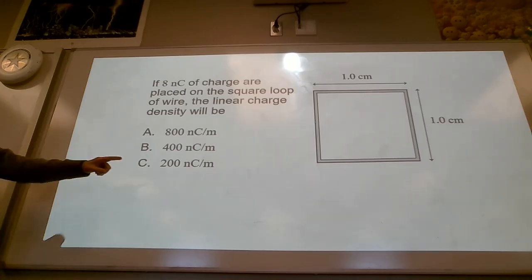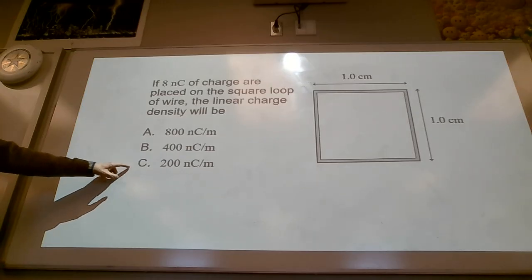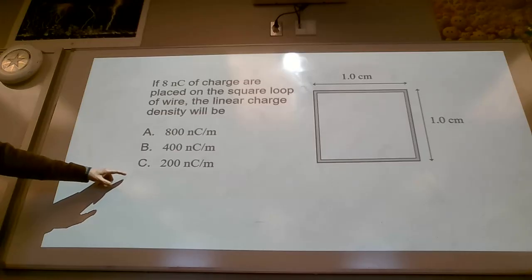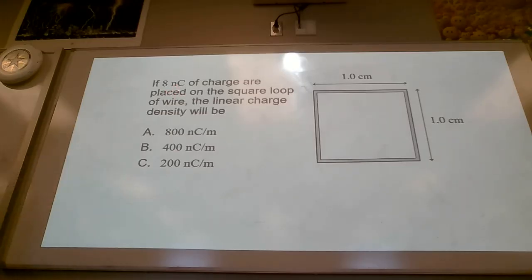Here we go, C. We take the perimeter of 4 centimeters, 0.04 meters, and divide 8 nanocoulombs by 0.04, which gives you 200 nanocoulombs per meter.